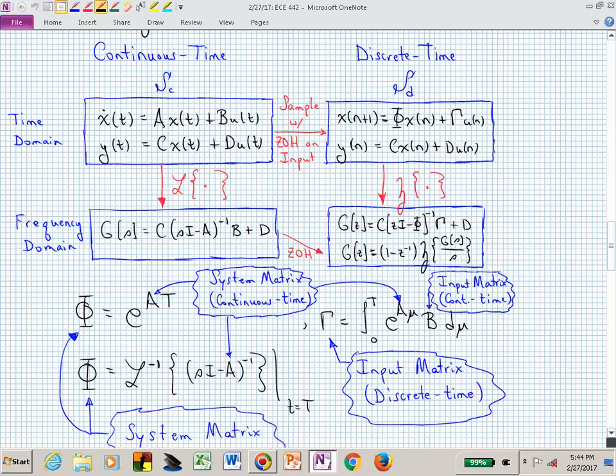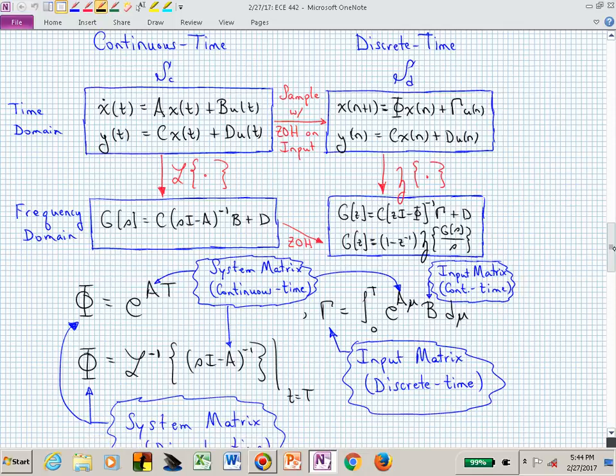It's just that now you have this operator z, which corresponds to a unit advance, or z to the minus 1, which corresponds to a unit delay.